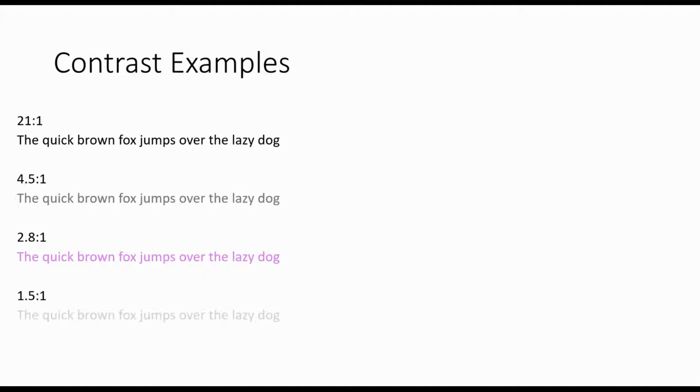Again, there are a lot of tools online where you can put in the hexadecimal codes or the RGB codes, pull up the colors, and see how well you stand when it comes to color contrast. Again, 4.5 to 1 is the minimum. You really don't want to go anything below that. But the higher the contrast ratio, the better for people with low sight.